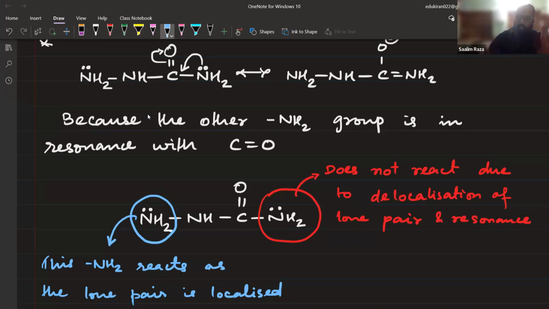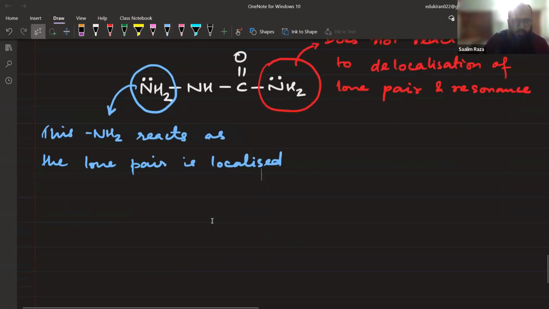Yes, sir. अब एक छोटा सा सेक्शन है, इसको पहले हम कंप्लीट करते हैं, then we will move on to another reaction.